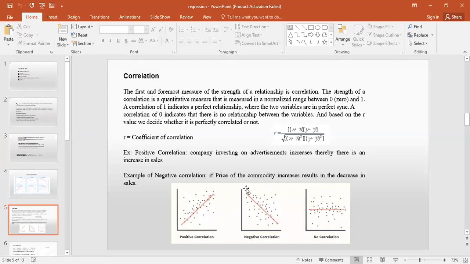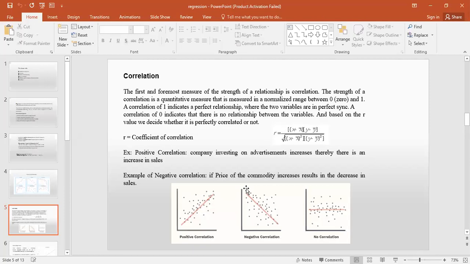This correlation value can vary from 0 to 1. If it is 0, there is no relationship between those two variables. If the value is 1, they are perfectly correlated, and we can get a perfect output based on these two variables.